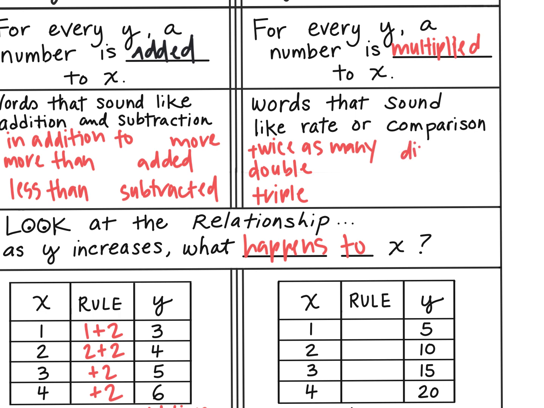Sometimes divided by, because if it's multiplicative, what's the inverse operation of multiply? Divide. Instead of saying double, triple, we could say multiplied by, 5 times as much, 4 times as much, 10 times as much. All of these are phrases or words that tell us we're dealing with a multiplicative relationship.